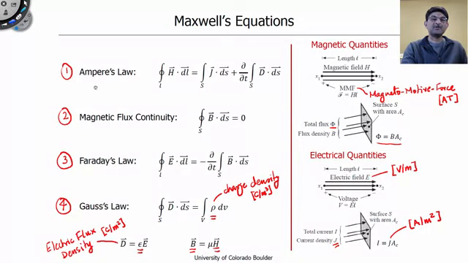The first equation, Ampere's law, simply describes how the magnetic field is related to the current and the electric field in the system.